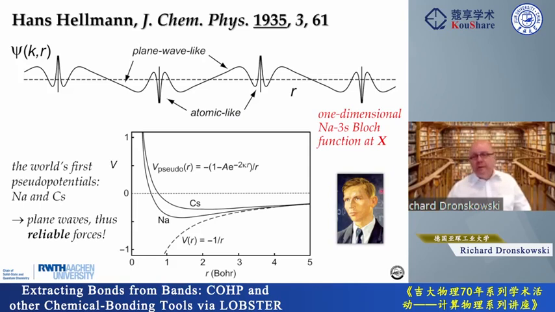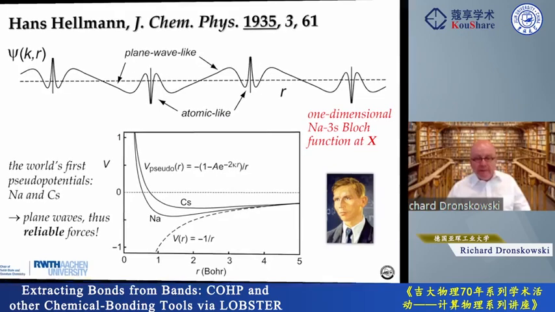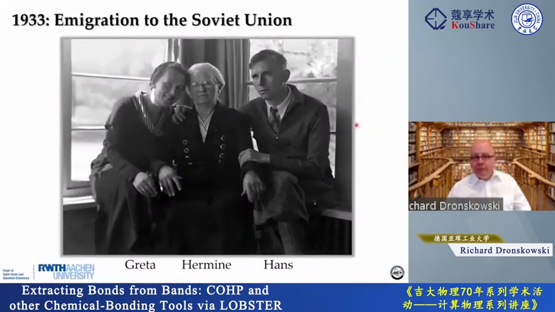I just want to remind you, you probably haven't heard about the history of Hans Hellmann. He was born in Germany, started studying physics and electrical engineering, then changed to chemistry and was willing to write his habilitation thesis in quantum chemistry in the year 1933. But then he was kicked out of Germany.